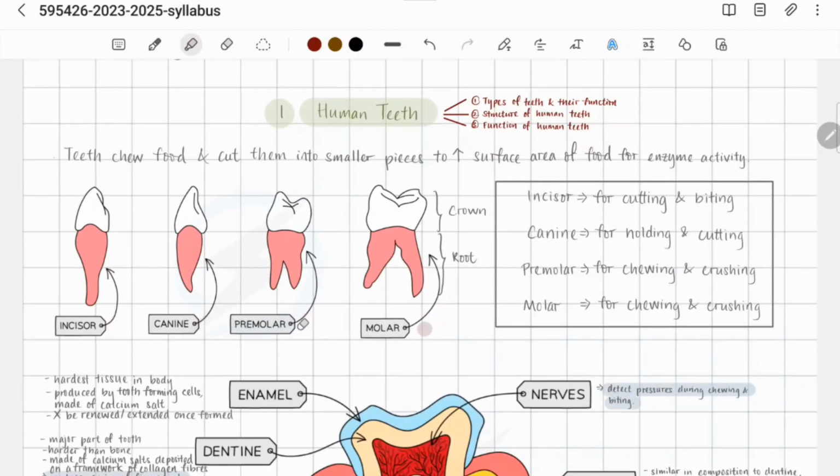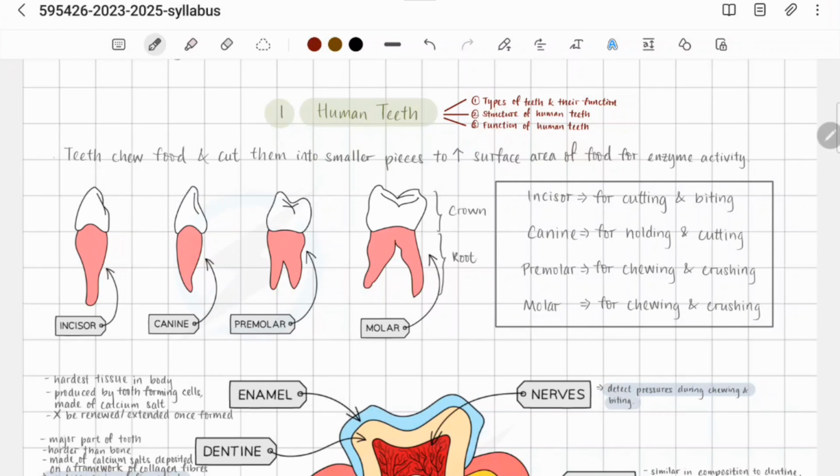Let's look at the function. Incisor is for cutting and biting. And then canine, you see up here they are more sharp. This one is for cutting, and canine is also used for holding.